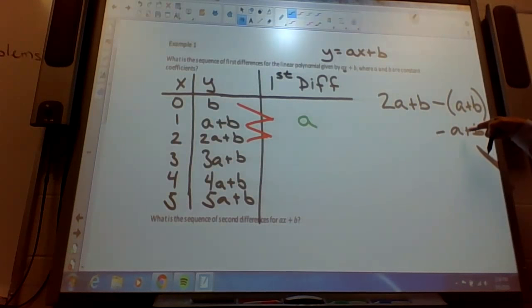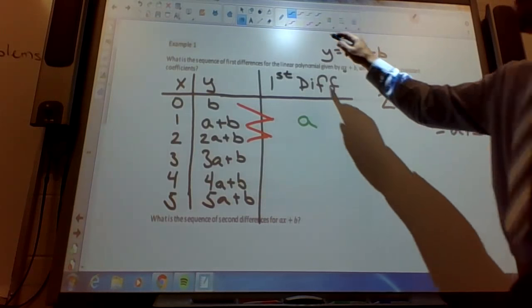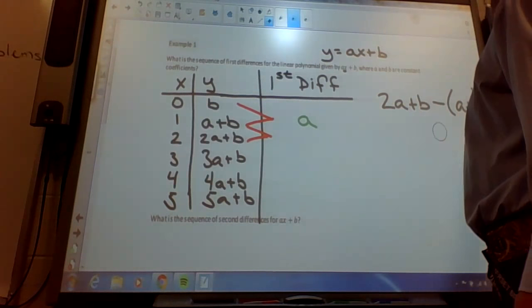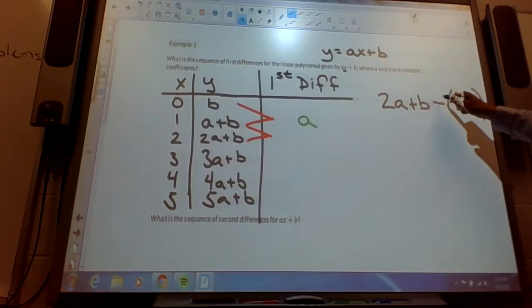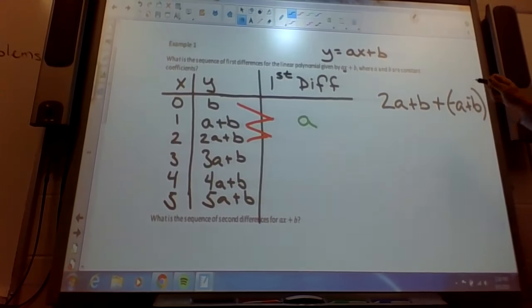I'm just subtracting A here, right? Here, I'm subtracting the whole thing in parentheses. That's why I put parentheses around it. Okay? So, distributive property. Anyhow, when I do that, I gotta distribute the negative.